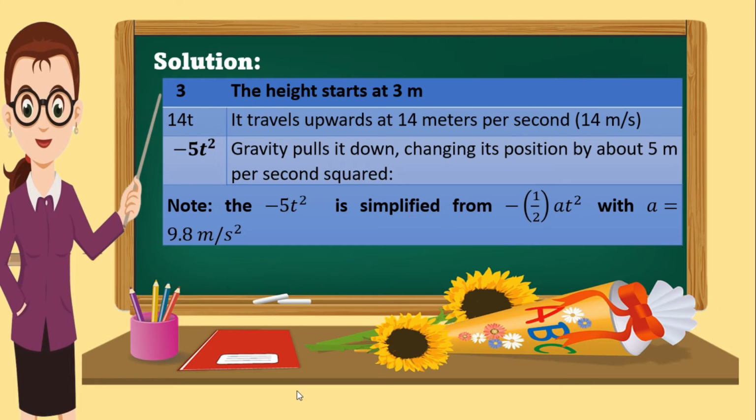The -5t squared is the gravity pulling it down, changing its position by about 5 meters per second squared. Take note that the -5t squared is simplified from -1/2 at squared with an acceleration of 9.8 meters per second squared.